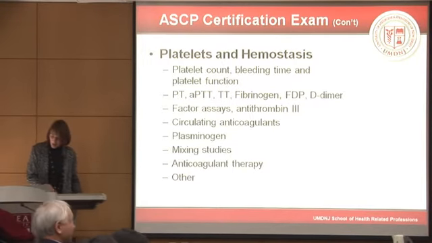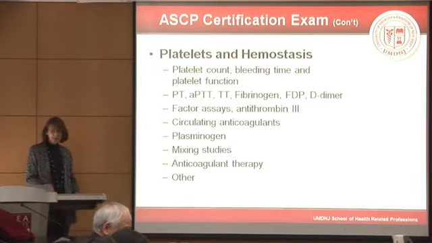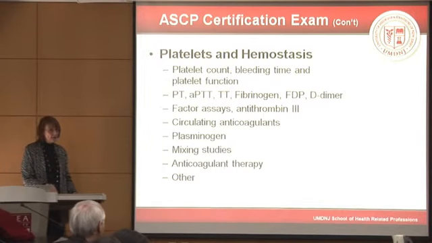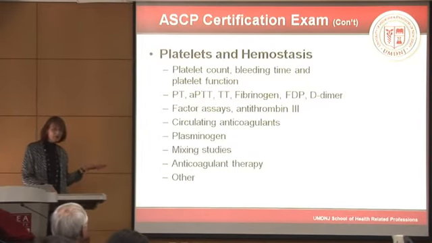Okay. Of course, the PT, the APTT, the thrombin time, fibrinogen assay, FDPs and D-dimer, factor assays, antithrombin, circulating anticoagulants, plasminogen, mixing studies, and especially the interpretation of the mixing studies, anticoagulation therapy, and then other, whatever other is.